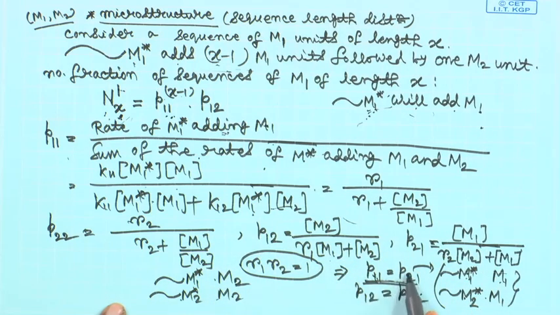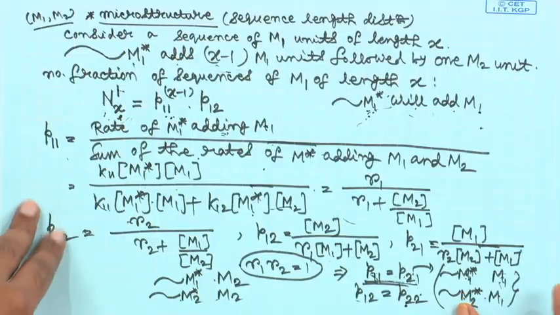Remember that these two are equal, but this probability may be 5 times this probability, that is also possible. If this probability is 5 times this probability, that would mean basically that M1 will add more, so you have more M1 in the system, but that does not change the fact that the probability of addition is the same. So, the reactivity and the probability are different things. In that case also you have a random situation, but not a perfectly random situation.